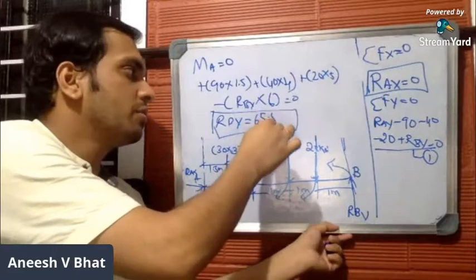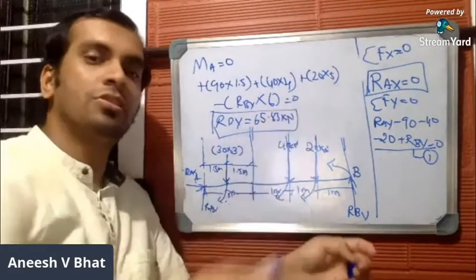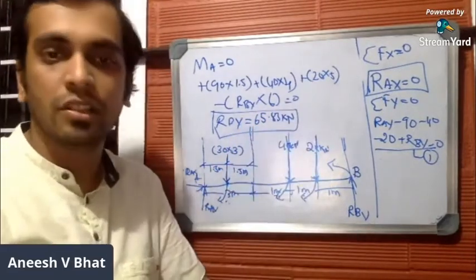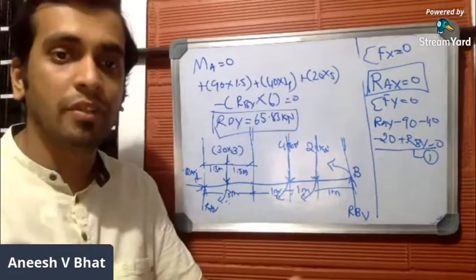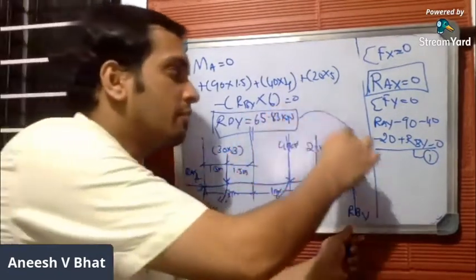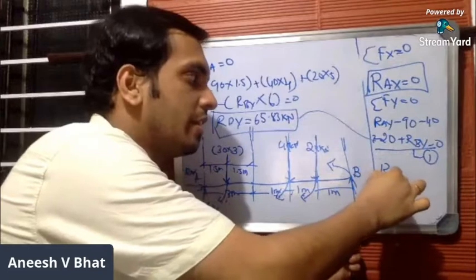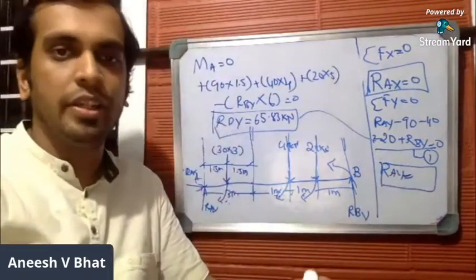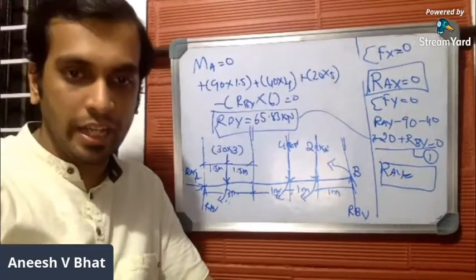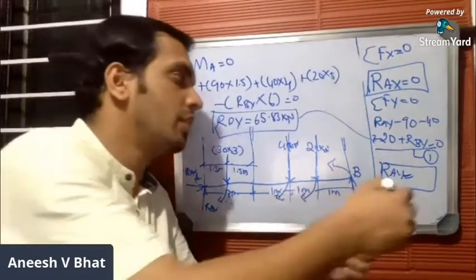Please check this. I'm just referring to the notes to give you the values, I'm not calculating. Once you get the value of Rby, substitute it in equation 1 to get the value of Ray. As simple as that. You'll get the value of Ray as 84.17 kilonewton.